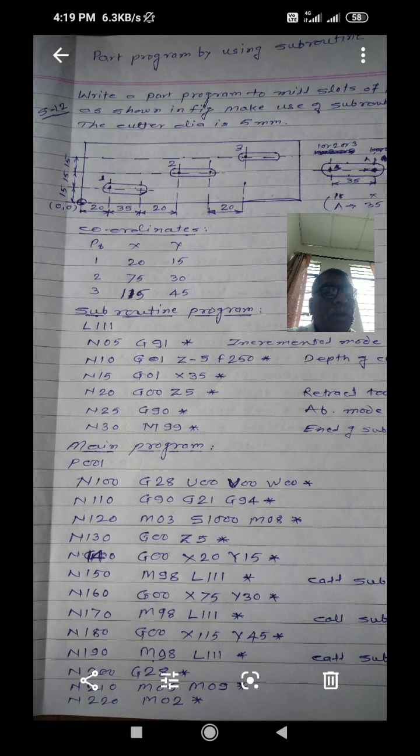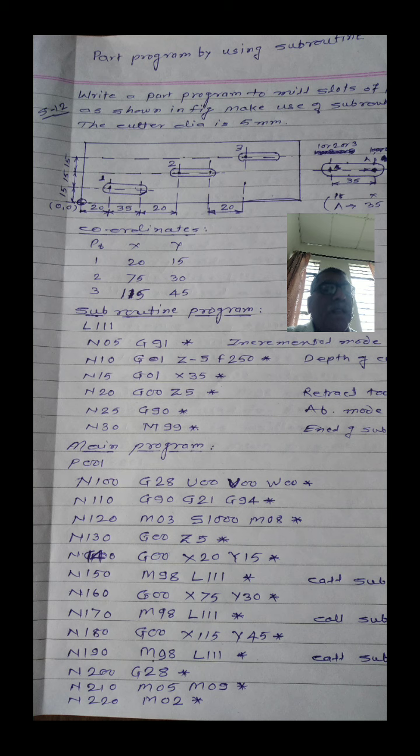Then you have to mention which coordinate system is used for writing the part program. Here, for writing the subroutine we have to use incremental mode, that is G91. You have to mention that in the first block, N05 G91, end of the block.